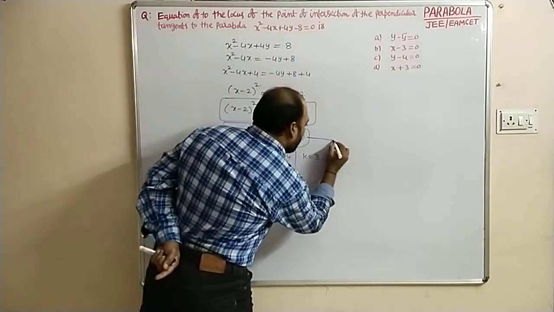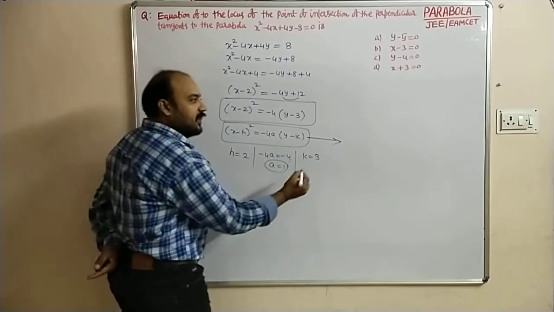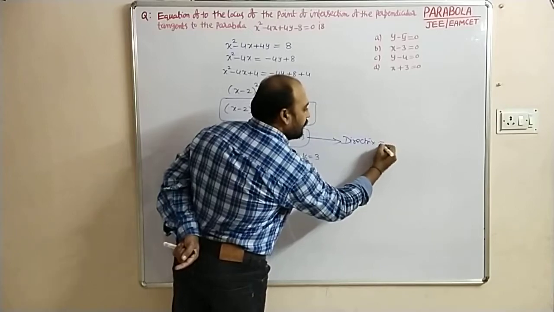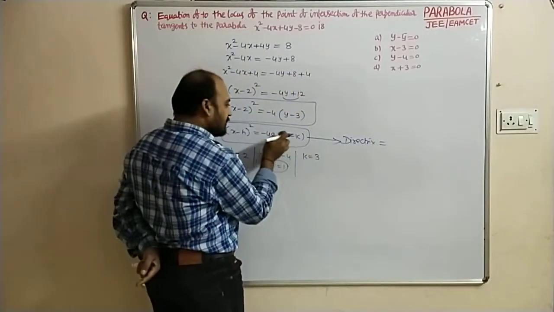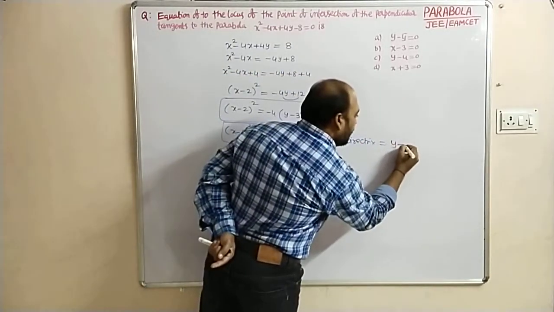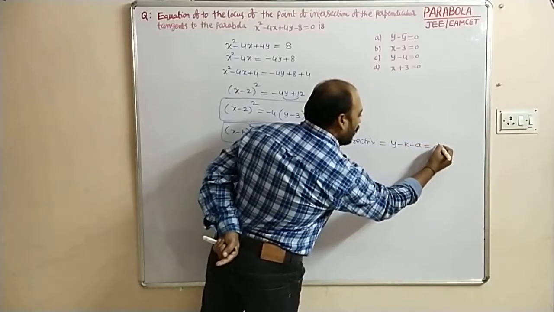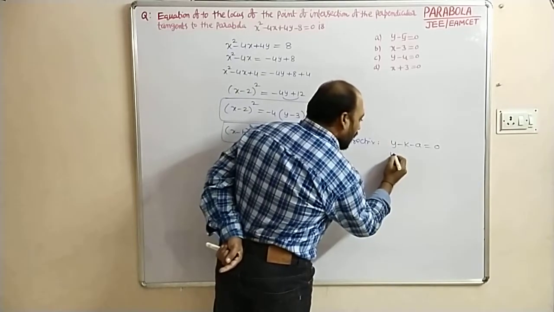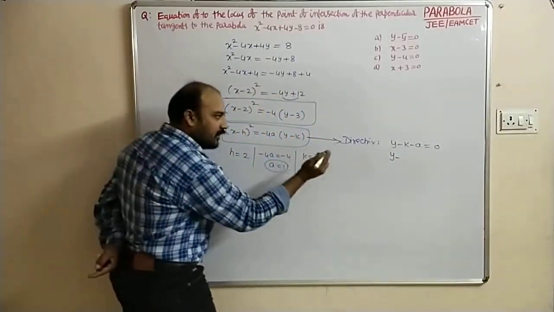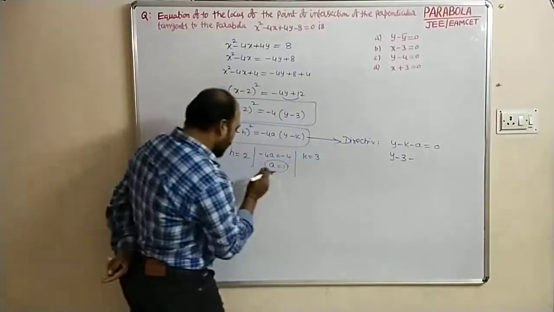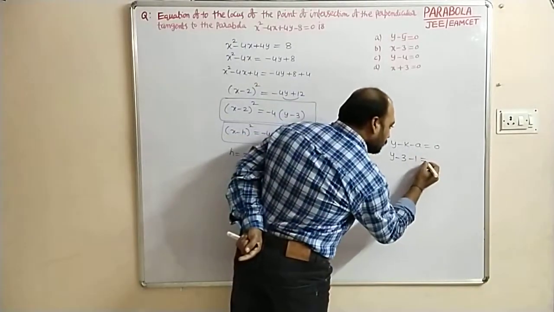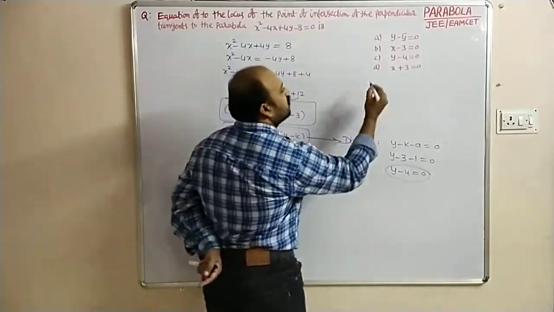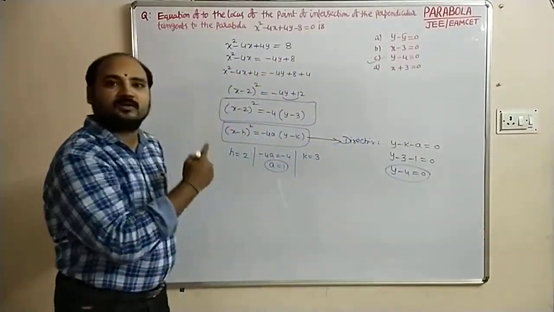For this type of equation, the directrix equation is y minus k minus a equal to 0. So y minus 3 minus 1, therefore y minus 4 equal to 0. So y minus 4 equal to 0 is the third option.